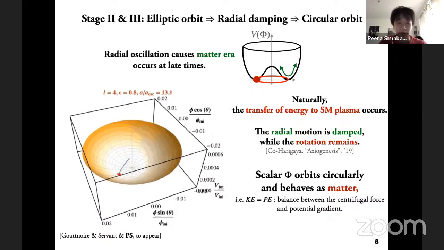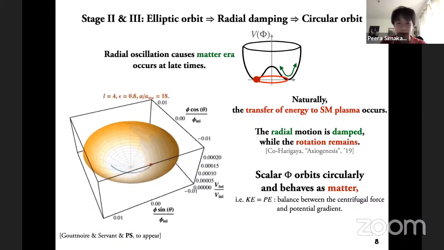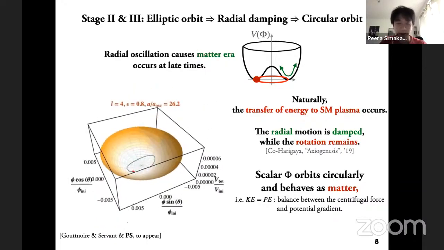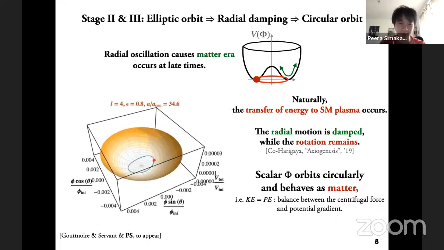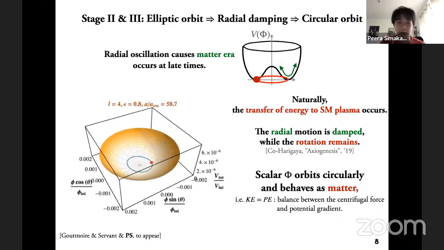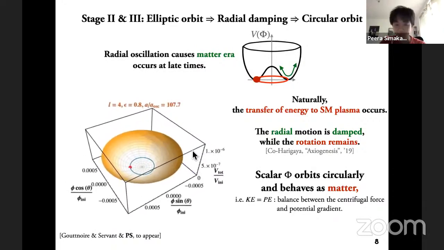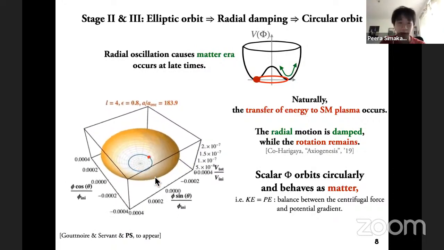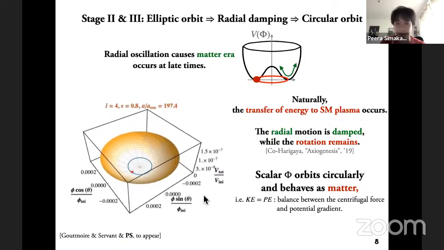So one can show that if we allow the U(1) conserving interaction, by charge conservation, the radial motion will be damped while the rotation remains. So we are only left with the axion that is spinning. Now the orbit becomes circular, but still at this point, the field behaves like matter.